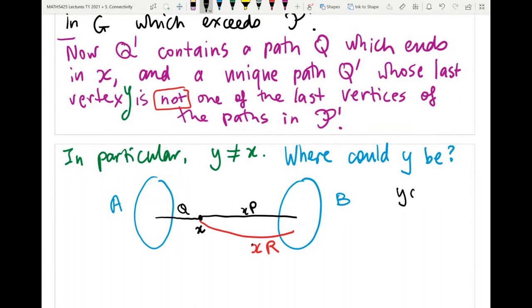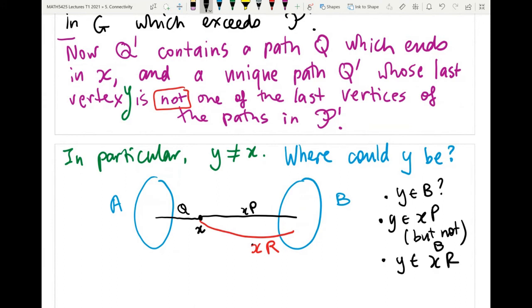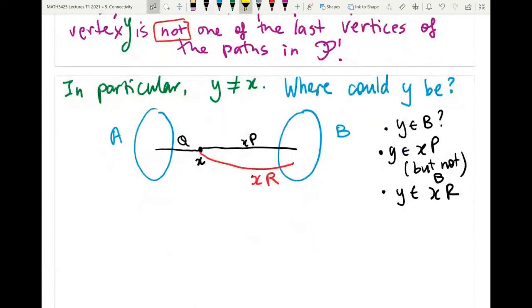Basically, Y could be in B, or Y could belong to XP but not B, or Y could belong to XR. Those are our three cases, because remember we chucked all of this stuff into B to make B primed. So those are the three options for Y, and we're going to look at these three cases now.